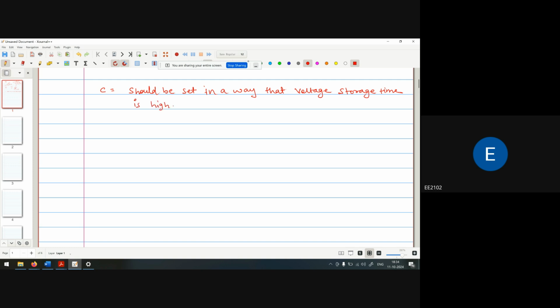What is the meaning of voltage storage time? That means the discharging time is high. Now, what is the discharging time? If there is one resistor and one capacitor, what is the discharging time of this capacitor?